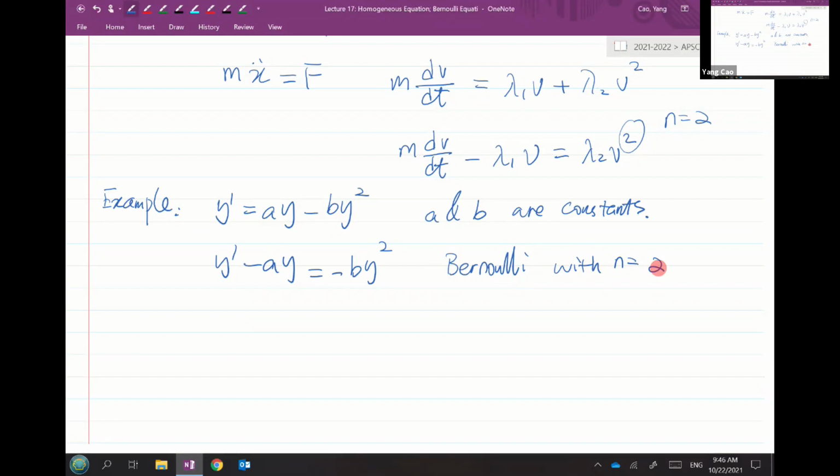Now, before I apply the approach to solve this Bernoulli equation, I want to see if anybody can think of a different way to solve this. Actually, maybe it's easier than using the Bernoulli approach. What would be an alternative way to solve this one?